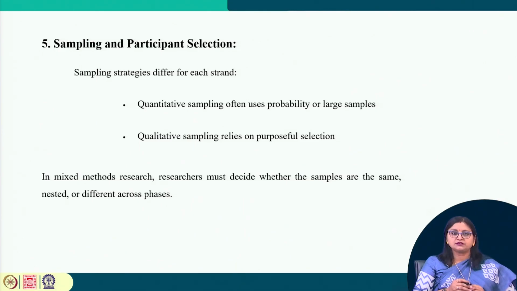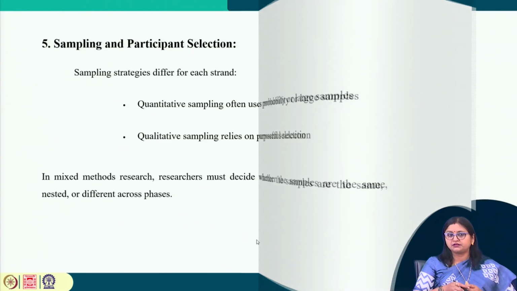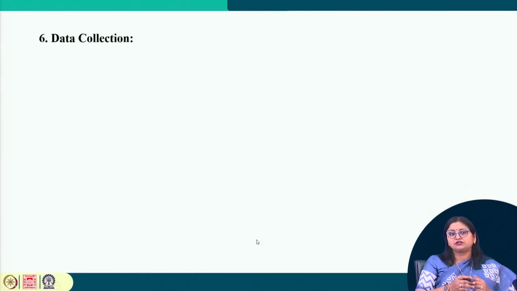In mixed methods research, the researcher must decide whether the samples are the same, nested or different across phases. So, maybe at the time of quantitative sampling your sample will be different, and at the time of qualitative sampling the sample may be different. It depends on the researcher whether the same sample is utilized or a different one.